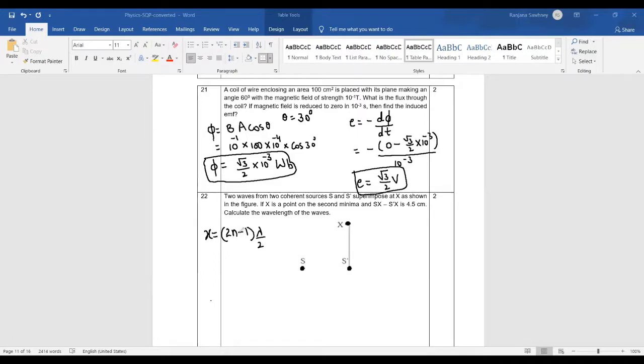Here it is the second minima, that is n is equal to 2. So 2 into 2, 4 minus 1, that is 3 lambda by 2. And this path difference is given as 4.5 centimeters. So lambda is equal to 4.5 into 2 upon 3, that is equal to 3 centimeters. So the wavelength is 3 centimeters.